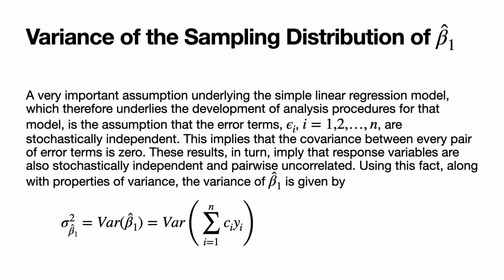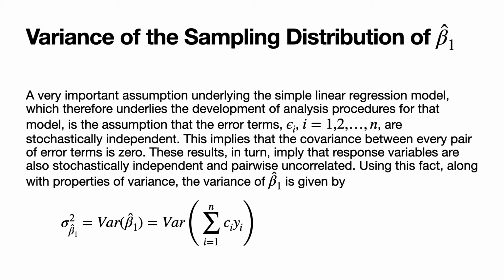This implies that the covariance between every pair of error terms is 0. These results, in turn, imply that the response variables for different experimental units are stochastically independent and pairwise uncorrelated as well.